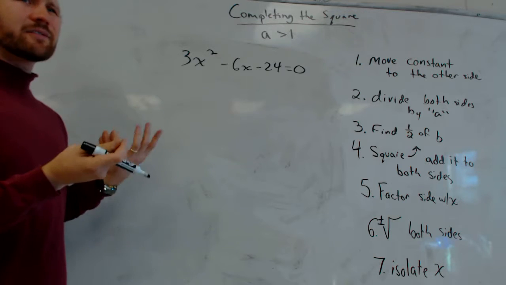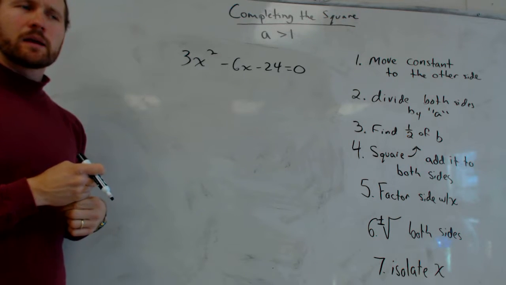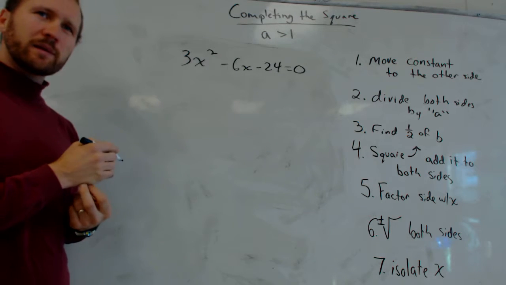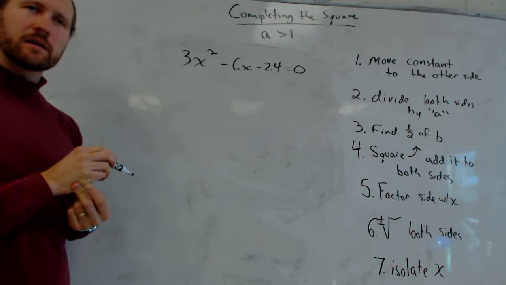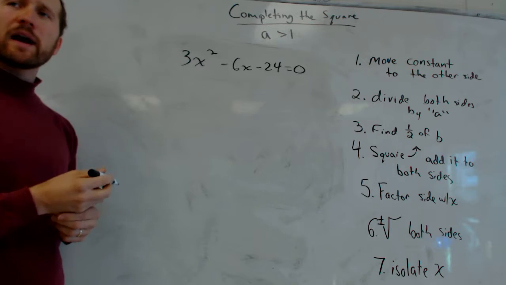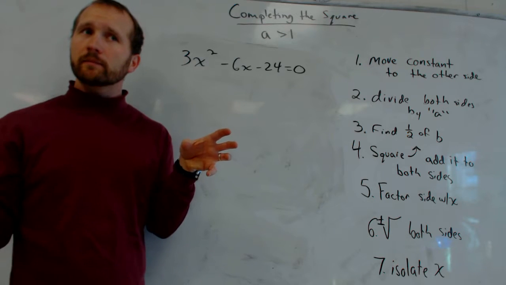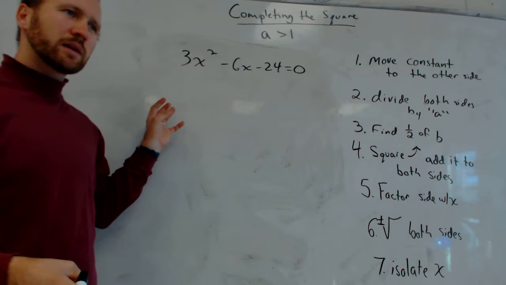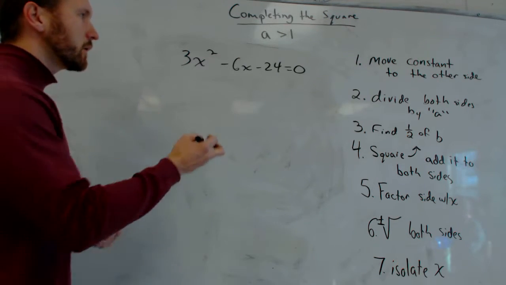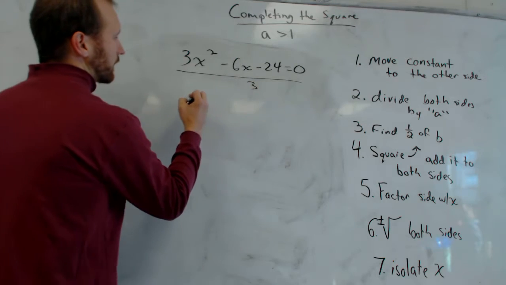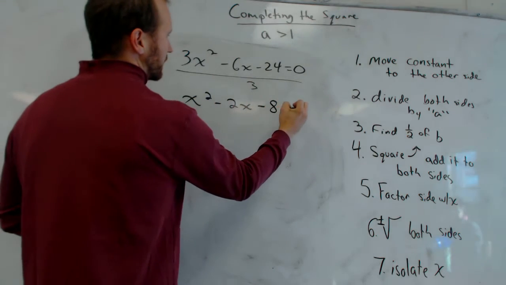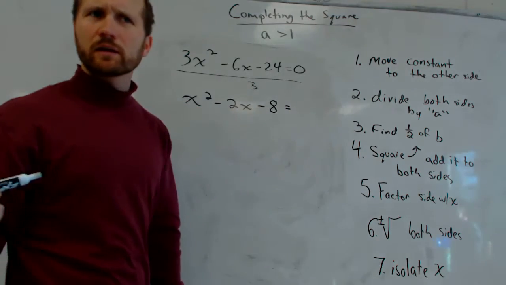It's not really any different, except that it's sort of similar to what we did when we were learning factoring, when we factored out a greatest common factor. This is more similar to that than to completing the square. So if I divide everything by 3, then I just have x squared minus 2x minus 8 equals, what's 0 divided by 3? 0.